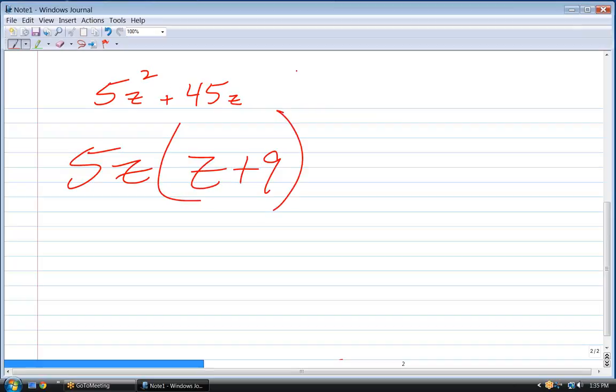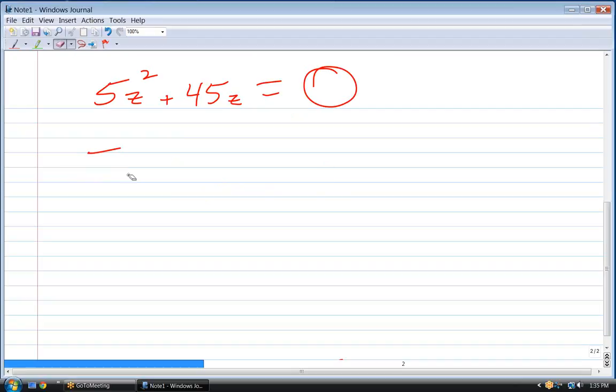But if I start with this being equal to 0, which frequently it is, and I say solve for z, it's a different problem. You still have to do the greatest common factoring, but it's a different kind of problem. Okay. What else you got?